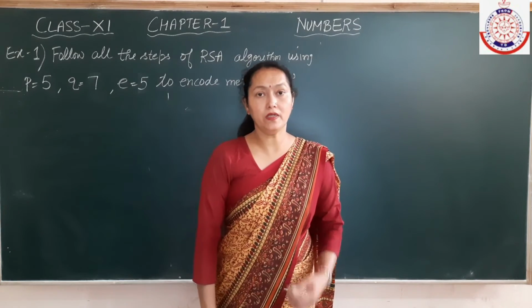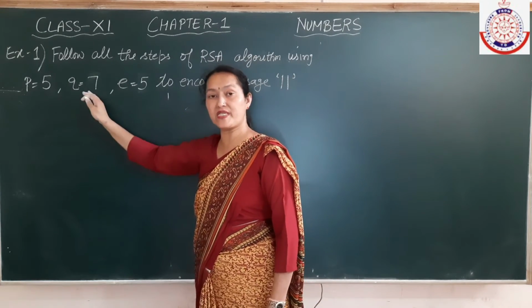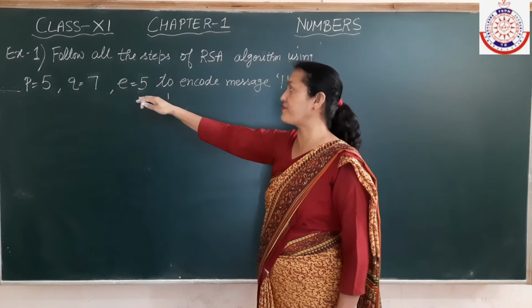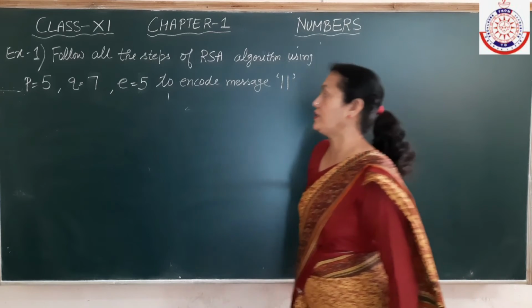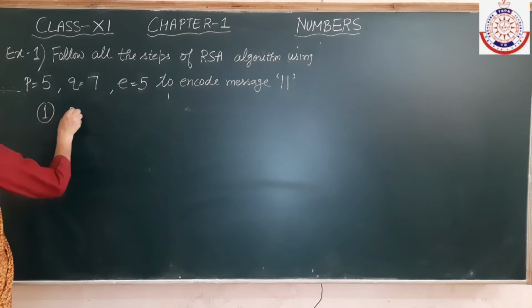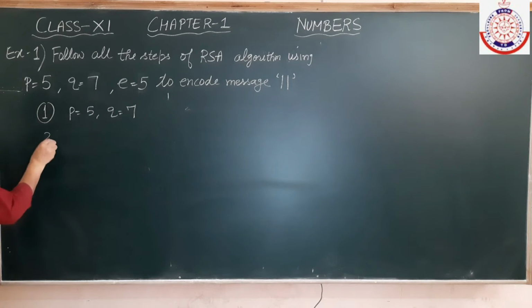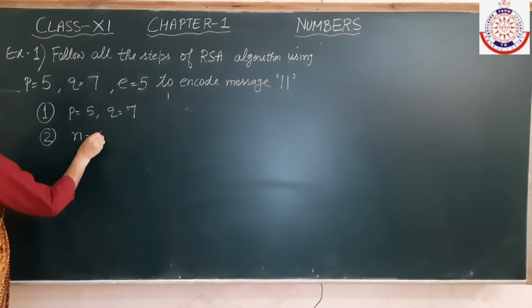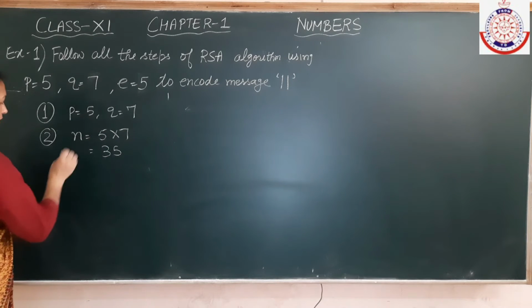One more example. Here P is 5, Q is 7, encryption key is 5, and we have to encode message 11. So very first step, P 5, Q 7, we have to write down a number n which is equal to the product of P and Q, that is 35.